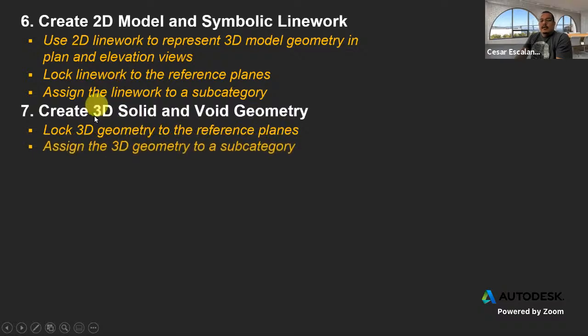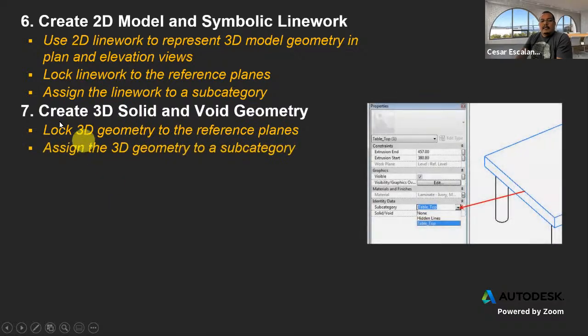Then the last step is to build the solid, and we use one of those methods that I presented earlier: extrusion, sweeps, revolves, and sweep blends to create the mass of the family. So this solid geometry is usually locked to the reference planes.